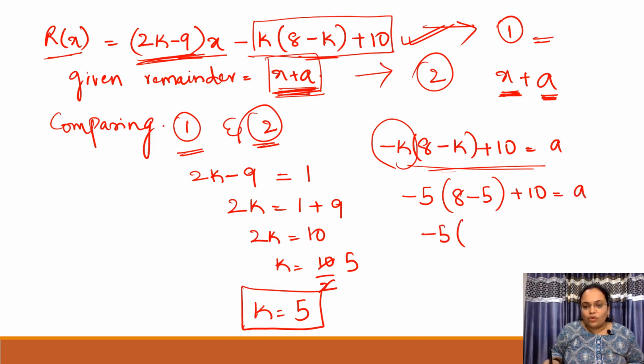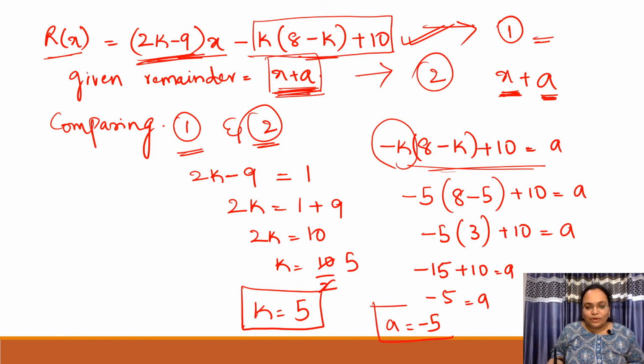Minus 5 of 3 plus 10 is equal to a. Minus 15 plus 10 is equal to a. Minus 5 is equal to a. So what is a's value? a is equal to minus 5. Okay. So k is equal to 5 and a is equal to minus 5.